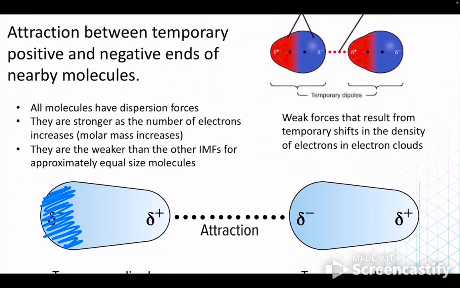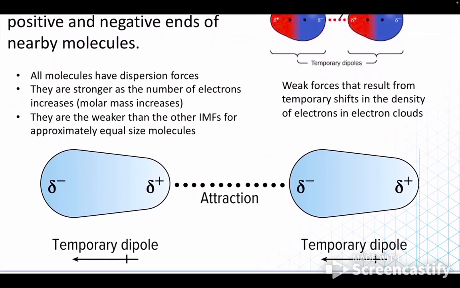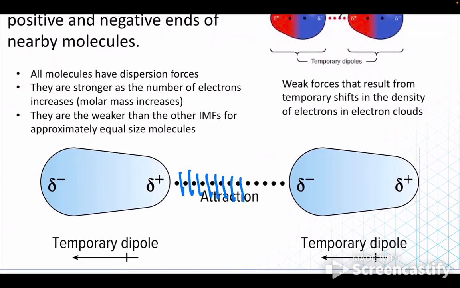That causes that molecule to become partially negative on that end, and the other end where there are fewer electrons becomes partially positive. A nearby molecule can be doing the same thing, and the IMF, the attraction, is between the positive end of one molecule and the negative of the other. These are weaker because they're temporary; in just a second they might switch over and break that IMF because their electrons are now more over here.